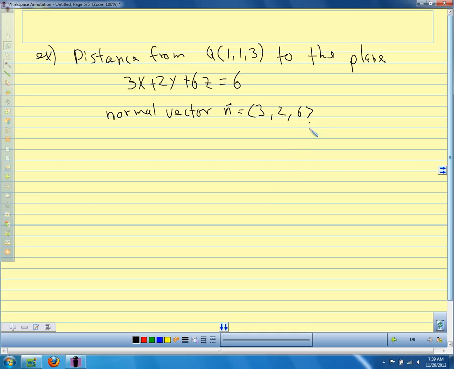How are we going to get a point on the plane? Anybody have an idea? You could plug in some values. So what would be easy values to plug in? 0, 0. So if we pick x as 0, and y equals 0, then z has to be 1 to satisfy this equation.